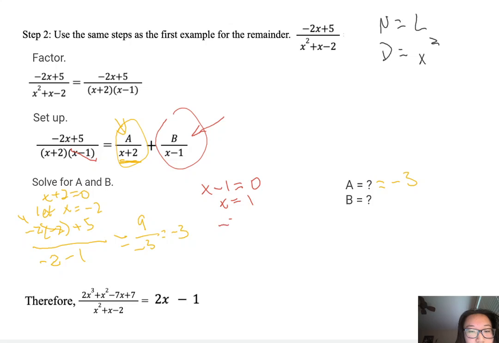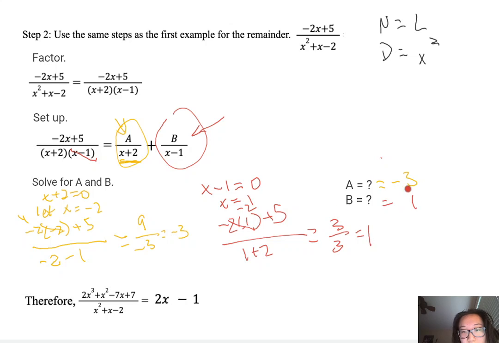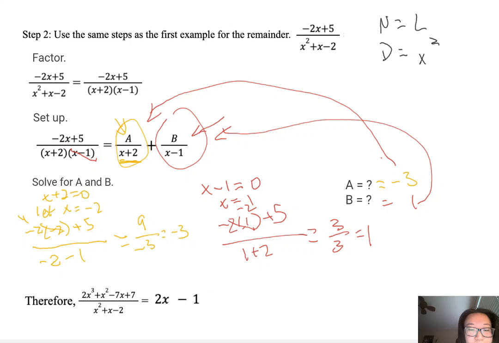So we get negative 2 times 1 plus 5 over 1 plus 2. That gives us negative 2 plus 5, so that's 3 over 3, equal to 1. So that is going to be our final value. We know that A equals negative 3 and B equals 1, so all we have to do is plug these values in for A and B.